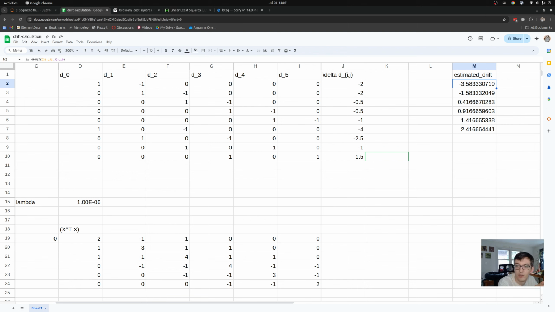Not only should it match the data that I've provided, but it should also minimize the values of these estimated drifts. So if there was a space of infinite possible answers, I want to have the ones where their absolute values are the smallest. That's how this kind of regularization works.